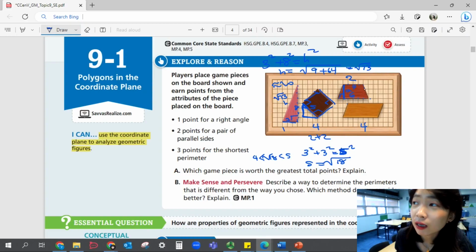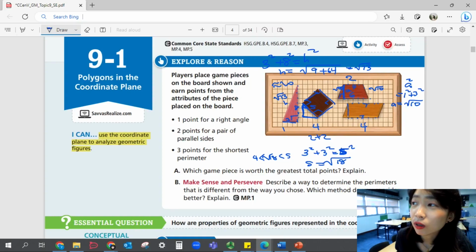Let's say this is A. So A squared is going to be 1 squared plus 3 squared. So A is equal to the square root of 9 plus 1, which is 10. So the square root of 10. So plus 6 plus 2 plus the square root of 10, the square root of 10. And then that one, 1, 2, 3, 4, 5, 6, 7. Those are parallel.